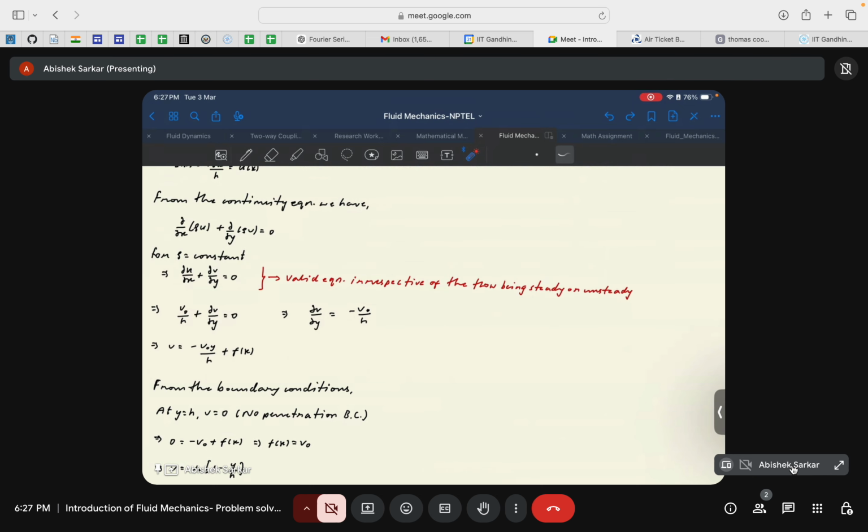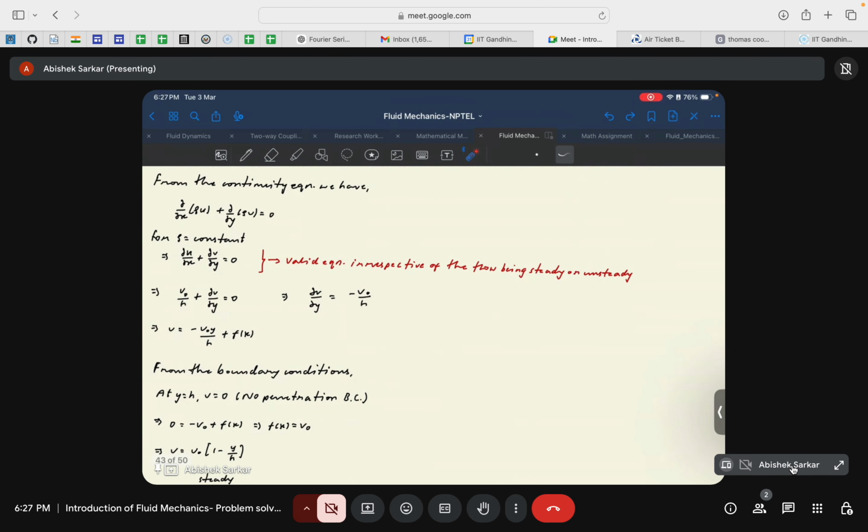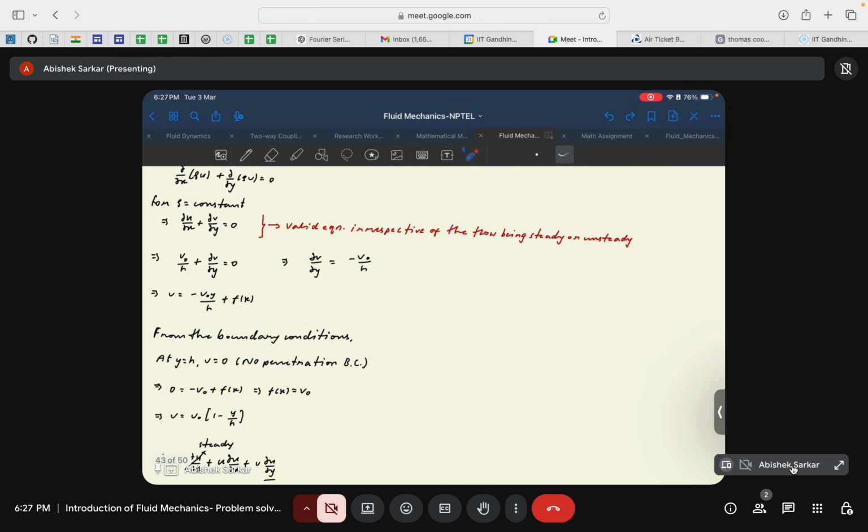Now from this equation, you already know u, so you substitute the value of u in this equation. You will get dou v by dou x equal to v naught by h plus dou v by dou y, or dou v by dou y equal to minus v naught by h. Now if you integrate this equation, this is a very important thing, this is not a complete differential.